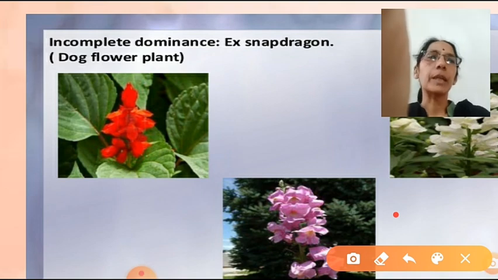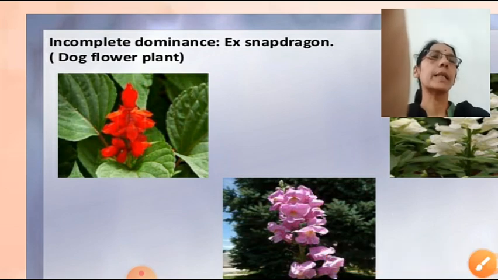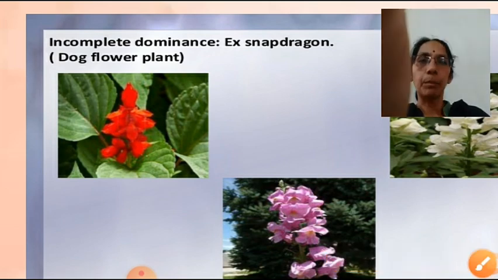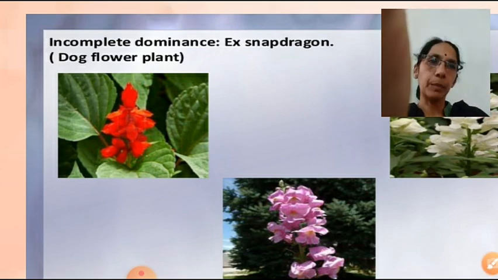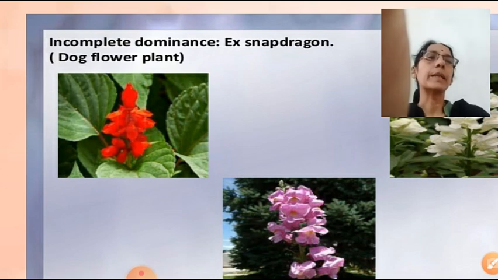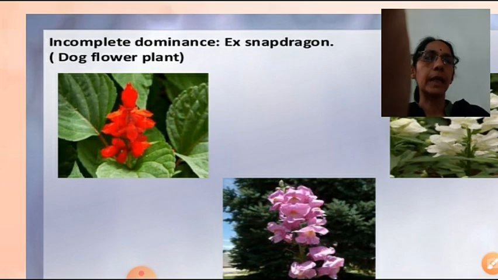Red color. But to our surprise, Correns got which color flower? Pink colored flower. So it is an example of incomplete dominance. A plant having red is crossed with another plant of the same species having white flower. But in the F1 generation, all are pink in color.